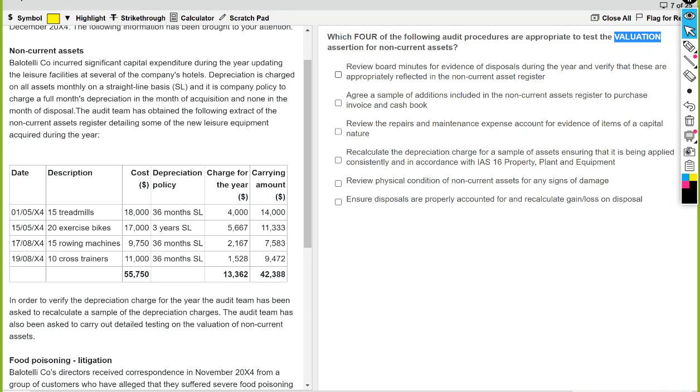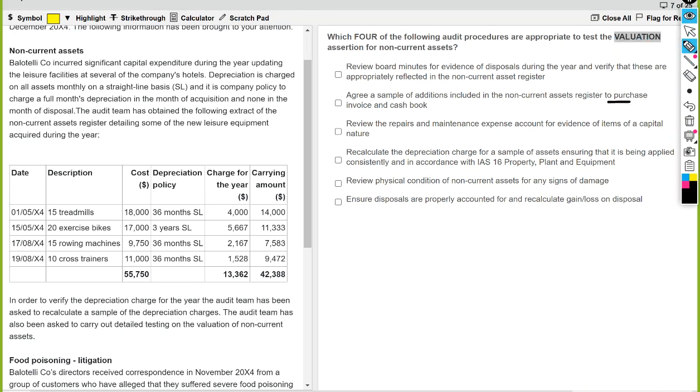I also think it is somehow relevant to valuation in terms of the amount, but the asset should be removed, so it is still more towards existence. So we leave it.